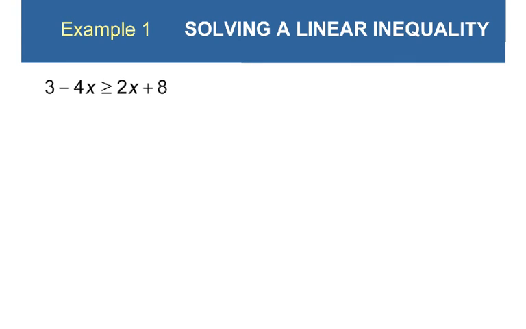All right, so here's our first linear inequality. And how we're going to start this one out is, I'm just going to say, let's subtract 8 on both sides of our equation.